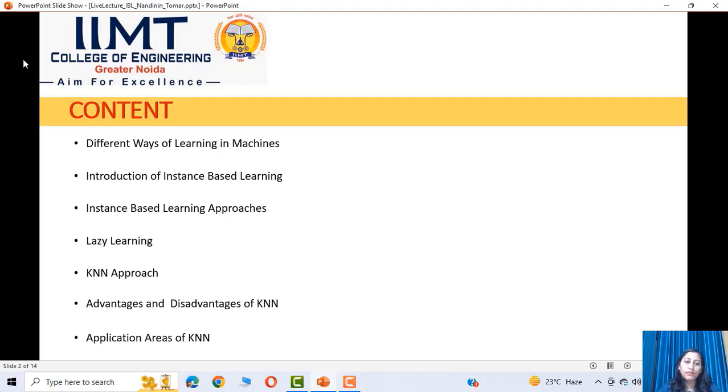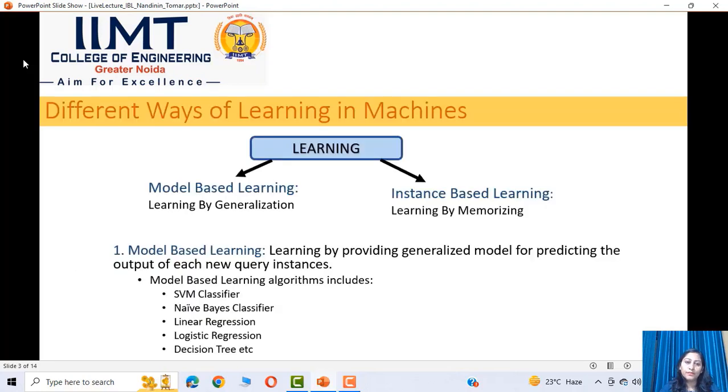Then we'll move to the different instance-based learning approaches. Then we'll discuss in more detail the lazy learning process. Under lazy learning, we'll discuss the k-nearest neighbor approach. After that, we'll discuss some of the advantages and disadvantages of k-nearest neighbor. And then finally, we'll discuss application areas of k-nearest neighbor.